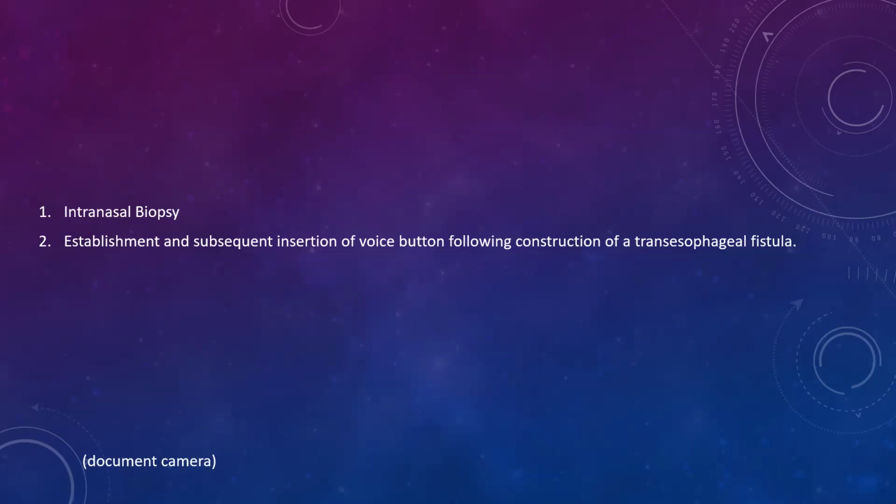The second one is written in a really complicated way, but what we're looking at here is two different things have happened, okay? We have created a transesophageal fistula, and we have also added in a voice button, which is a kind of prosthetic. Okay, so there's two separate things going on, but that doesn't necessarily mean we have two codes.